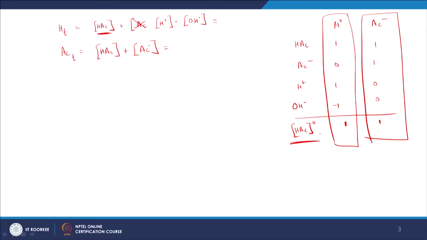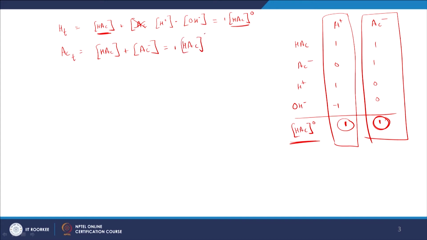And again, as we discussed earlier, what is the source of these components now? Keep in mind that we added acetic acid initially, and that is what we have here, HAC naught, and that is the source, and here we have 1. So, it is 1 times HAC naught, and this is your known value obviously, and here too it is going to be equal to 1 times HAC naught.